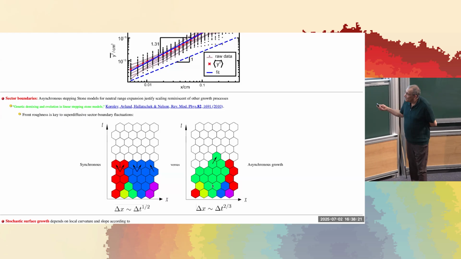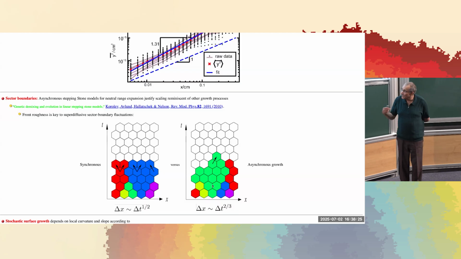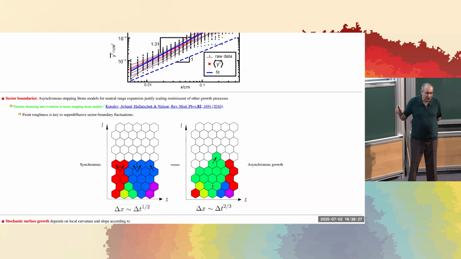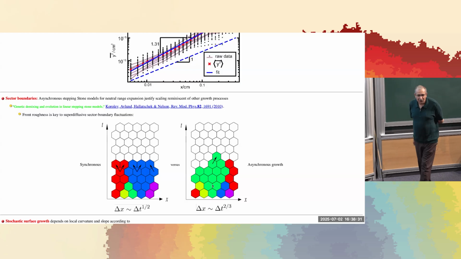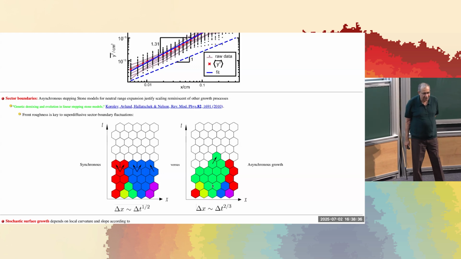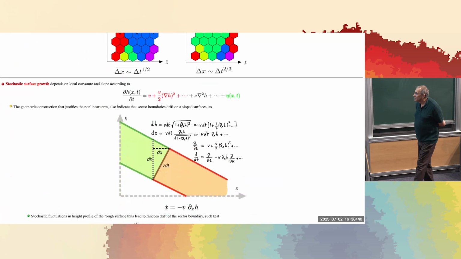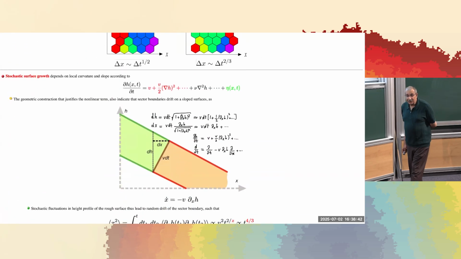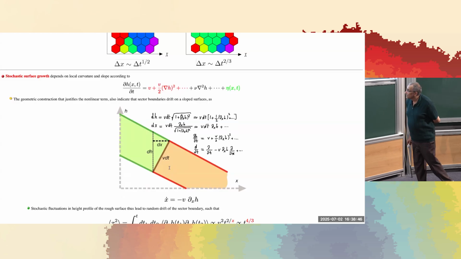So if you believe that the interface of one of these models with one color has these fluctuations that are characteristic of KPZ, then I will prove for you that the boundary will have the super diffusive scale. So basically, now let's sort of zoom out and think about things at a larger scale.